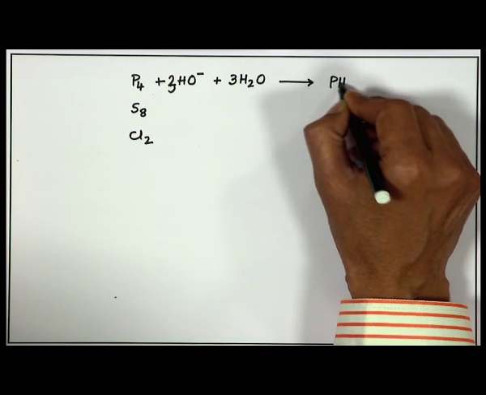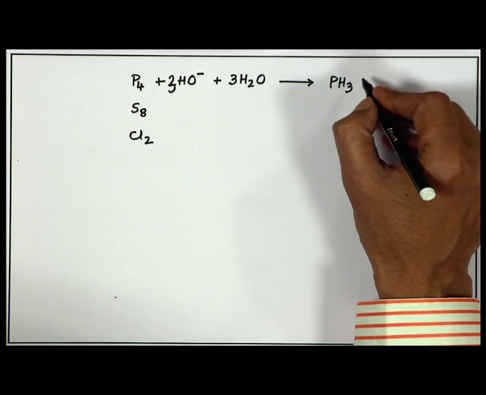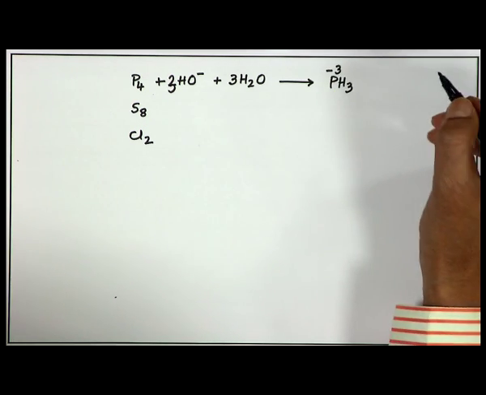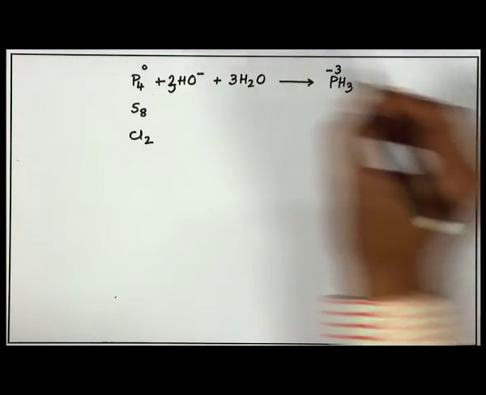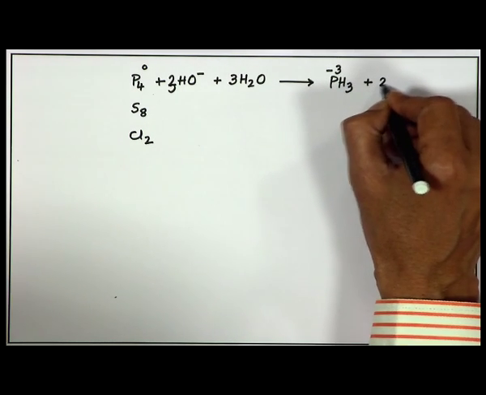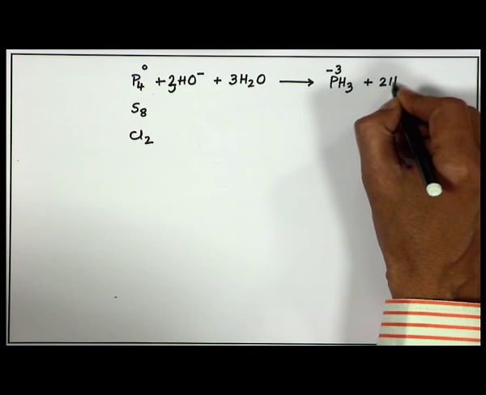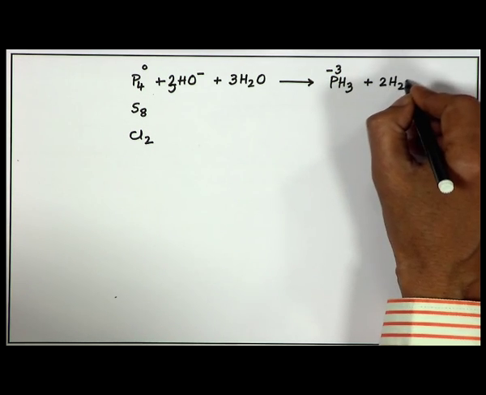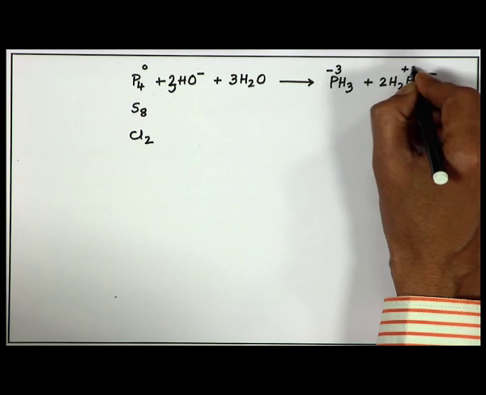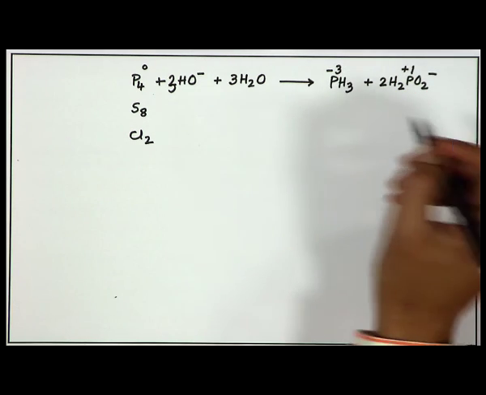Because 3 hydrogens will be required for formation of PH3, where phosphorus is in -3 oxidation state, here it is in 0 oxidation state, and the other species the number is also twice of that, H2PO2 minus, where phosphorus is in +1 oxidation state.